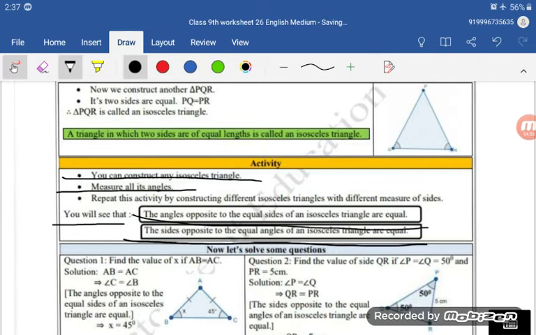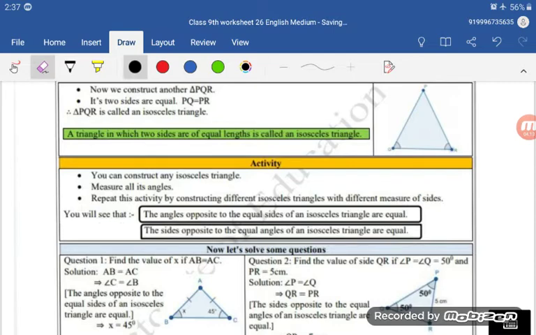The sides opposite to the equal angles of an isosceles triangle are equal. Okay, now you can differentiate the isosceles triangle and the equilateral triangle. I will teach you the properties of isosceles and equilateral triangles.